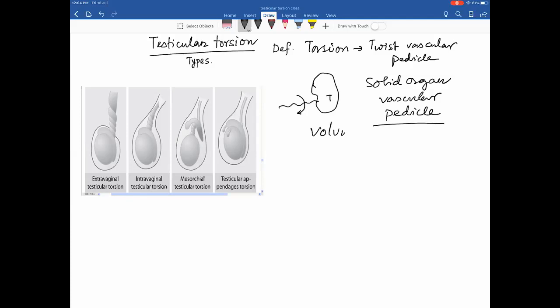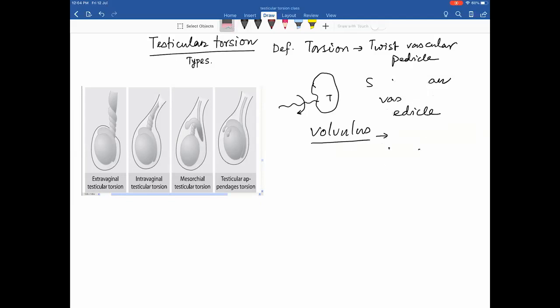A parallel word, if you use it, is a volvulus, which is used for a hollow viscus. Example being, you have heard about the term intestinal volvulus, etc. So, there is a basic difference between the terminology, a torsion versus a volvulus.